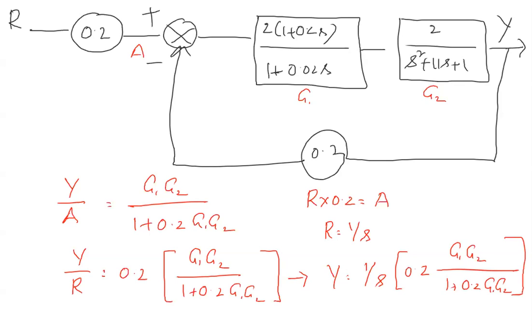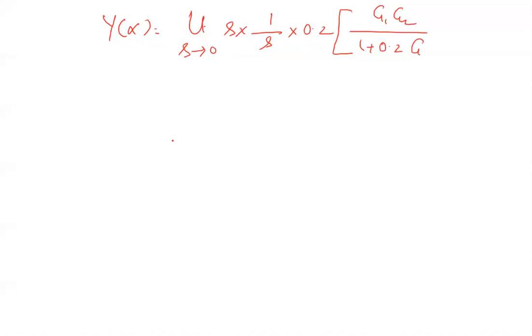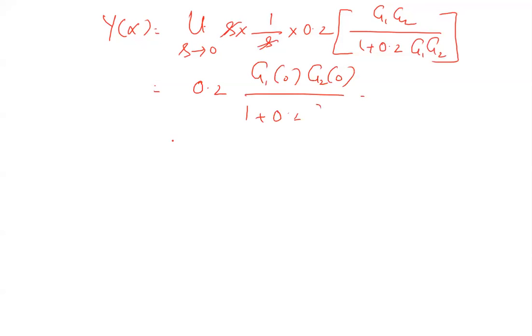Now what is Y of infinity? Y of infinity is limit S tends to 0 of S into 1 by S into 0.2 into G1 G2 over 1 plus 0.2 G1 G2. The S terms cancel, giving 0.2 into G1 of 0, G2 of 0 divided by 1 plus 0.2 into G1 of 0, G2 of 0.